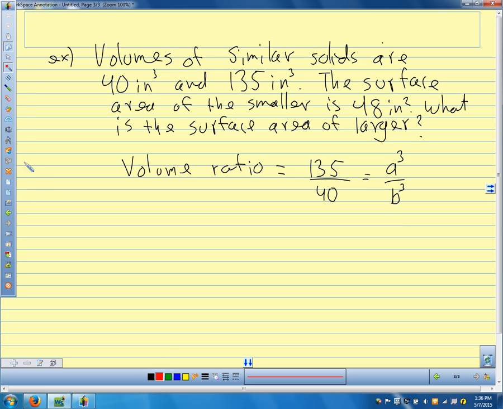So let me write our plan out here. Step 1, use the volume ratio to find the length ratio.